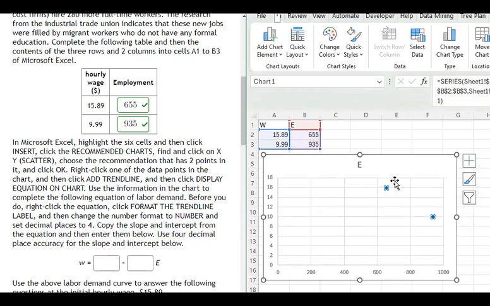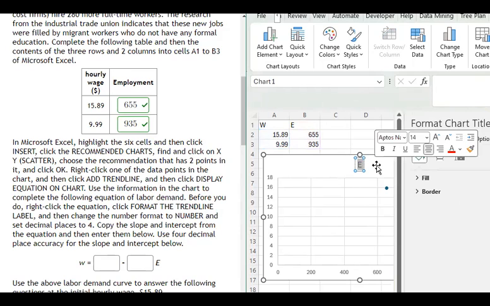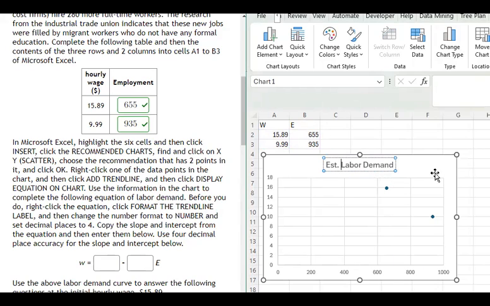So we can change this to estimated labor demand. We want the wage rate on the vertical axis because the wage rate is on the left side of this equation, and we want the employment level on the horizontal axis.